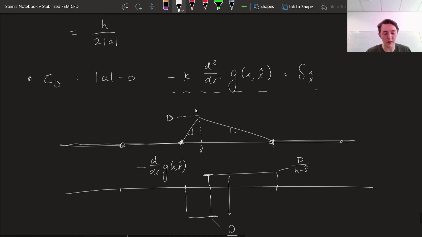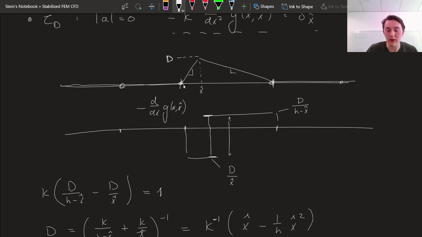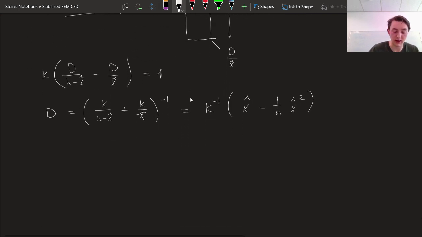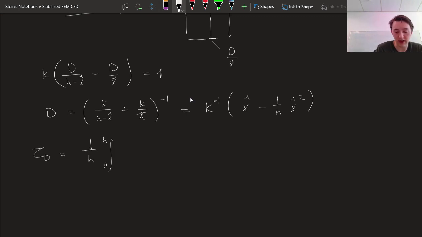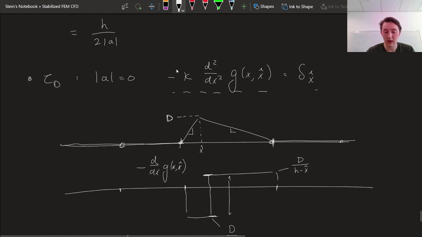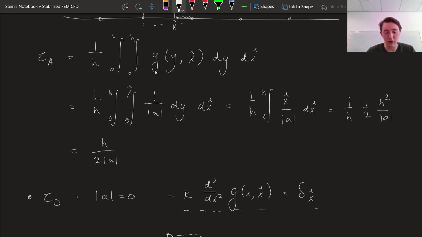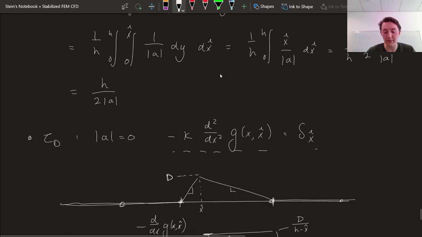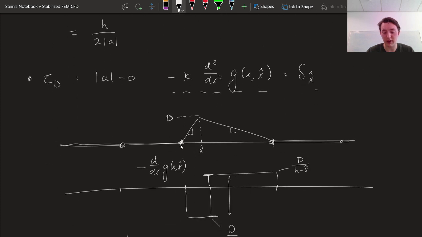Now, why is that important? Because I'm going to use that parameter to obtain the averaging of the Green's function. So again, tau d is defined as 1 over h of the integral from 0 to h of our Green's function over y. So for a fixed x hat, we're going to integrate this function.